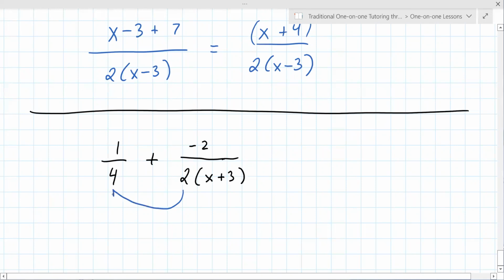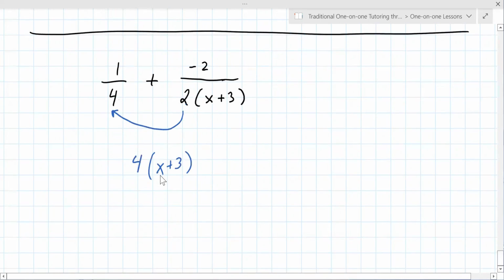So how do you go from a 2 to a 4? You multiply by 2. And so the 2 and the 4 are kind of related. So you use the 4, and then there's an x plus 3 that comes with both. So then you've got another one over 4 times x plus 3.